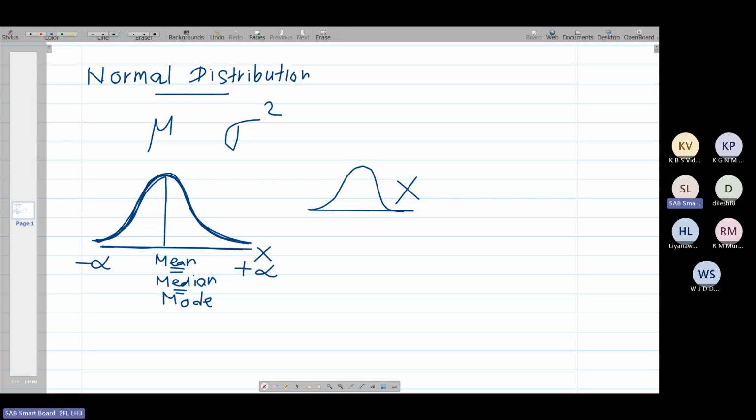The area under this curve, this is the area under this curve. It represents the total probability. What is the total probability value? 1. It means the area under this curve is equal to 1.